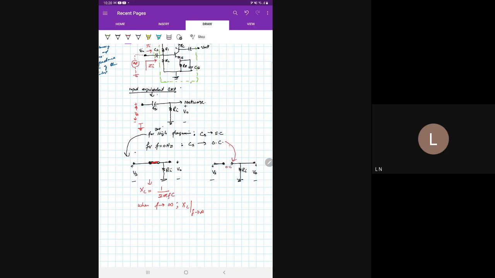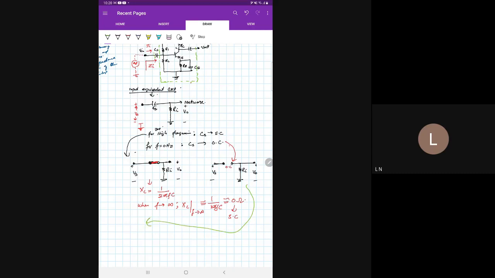X of C will be nearly equal to 1 by 2 pi Fc, and since F is infinity, it will go to nearly 0 ohm. That is a short circuit.